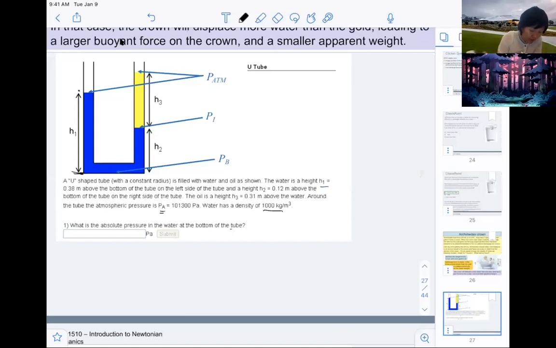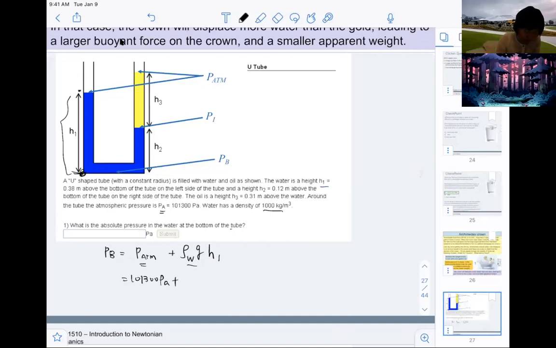So we know that the pressure right at this point, let's call it point B, is whatever the atmosphere is, plus whatever this extra pressure caused by the weight of the liquid, which is rho g h. So the rho is for water and h is H1. That's how high it is. So if you simply add that on top of the atmospheric pressure, it gives you the pressure you feel at the bottom of the tube. And this is 101,300 Pascal.